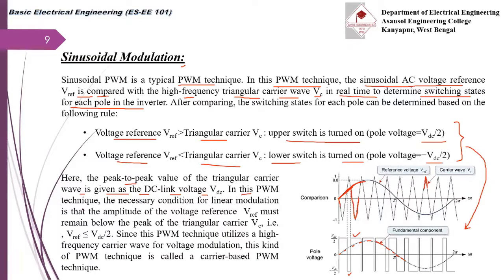In this PWM technique, the necessary condition for linear modulation is that the amplitude of the voltage reference Vref must remain below the peak of the triangular carrier wave Vc. That is, Vref is less than VDC by 2.